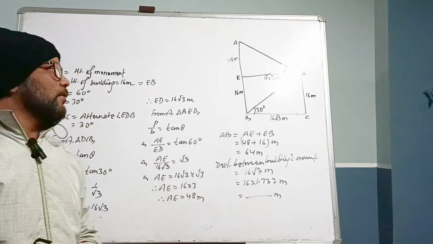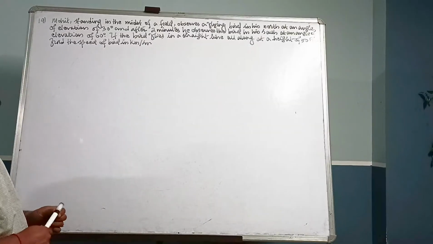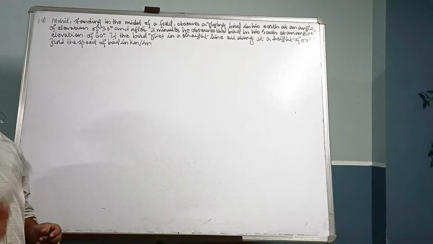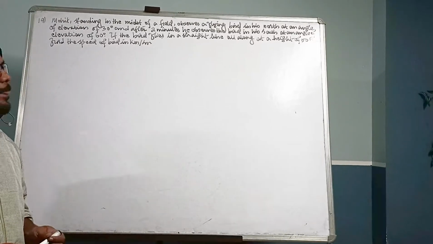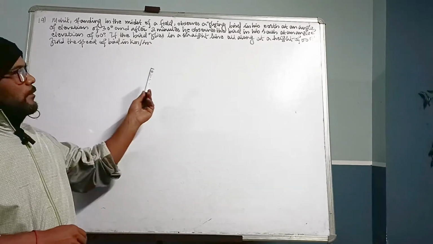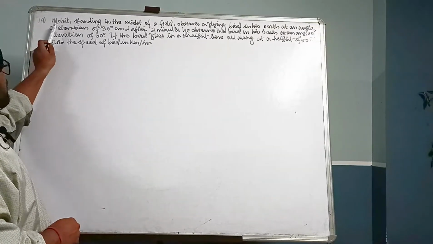Okay, hope you have understood this question number 19. Question number 13 and question number 19 are similar questions, so it is a very important question. Just see the question.